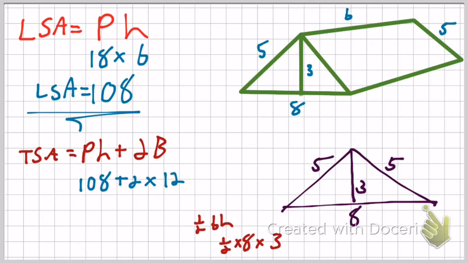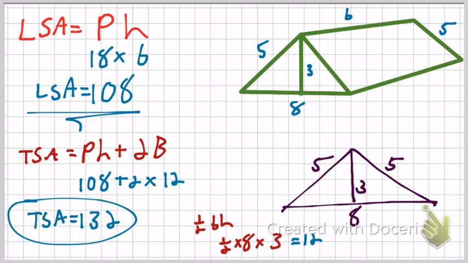That's 12. Okay. We have to know when they want the height of the prism versus the height of the triangle. All right, so 2 times 12 is 24, plus 108 would be 132. That would be our total surface area.